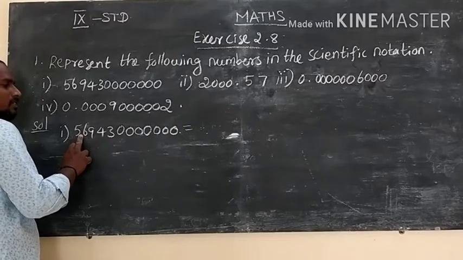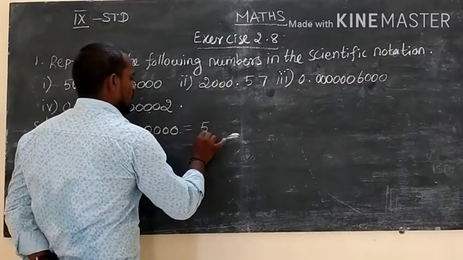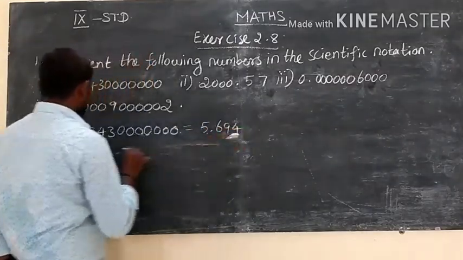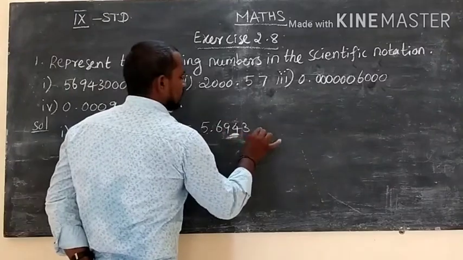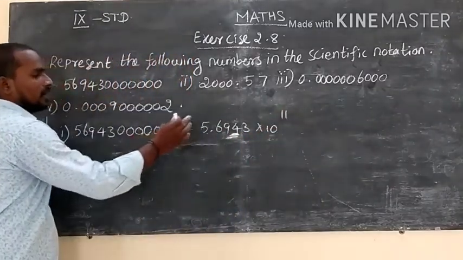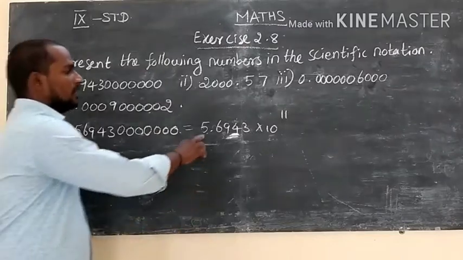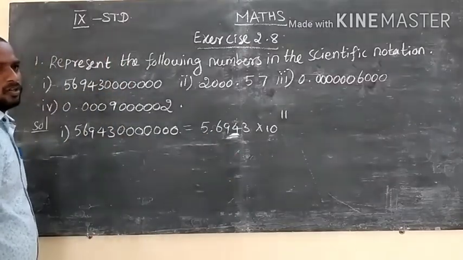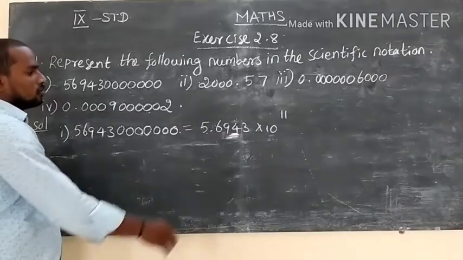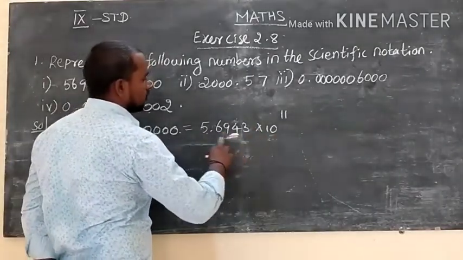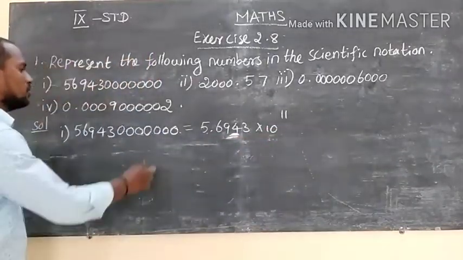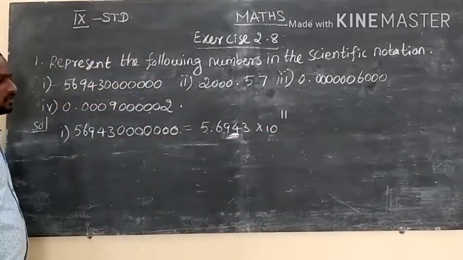Making 11 shifts, we get 5.6943 into 10 power 11. No need to write the zeros after the decimal, since they have no value. So 5.6943 into 10 power 11 because we made 11 shifts.